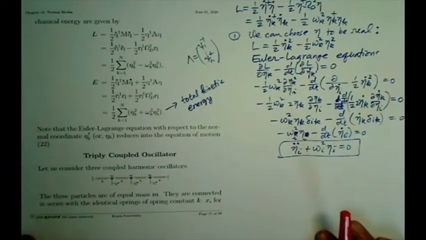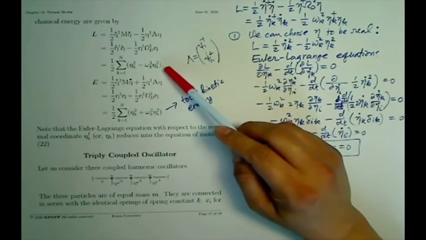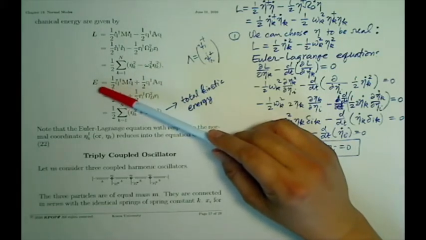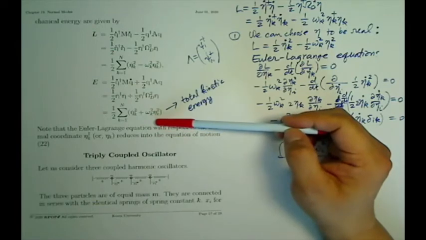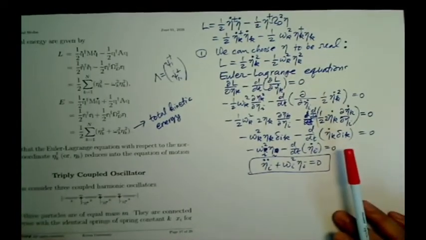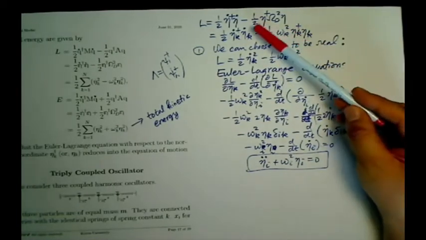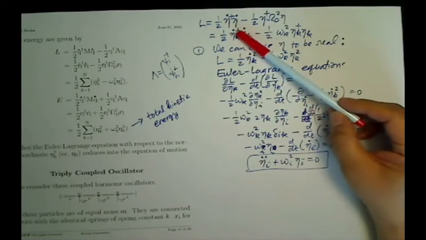As we already have stated, the Lagrangian can be expressed in terms of normal coordinates, and in a similar manner, we can also express the total mechanical energy of the system in terms of normal coordinates. Let us consider the Lagrangian of the system in terms of the normal modes.